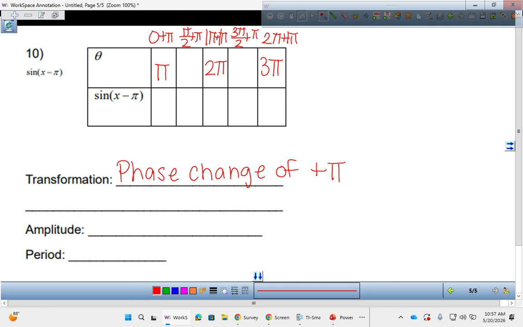Those ones are pretty straightforward, but when you're adding pi over 2 to pi, when you're adding fractions, you need common denominators, right? So we did this in the last unit a little bit in the non-calculator part. If I want to add these two things together, I've got to give this a denominator of 2, but if I give the denominator a 2, I have to give the numerator a 2 as well.